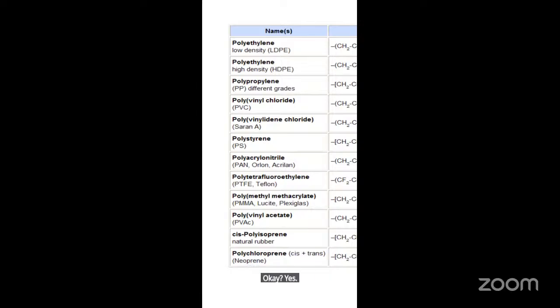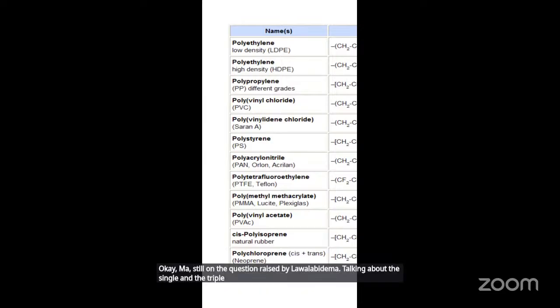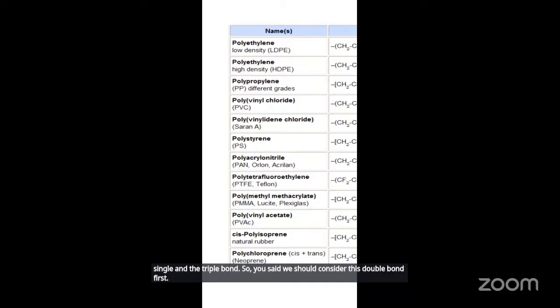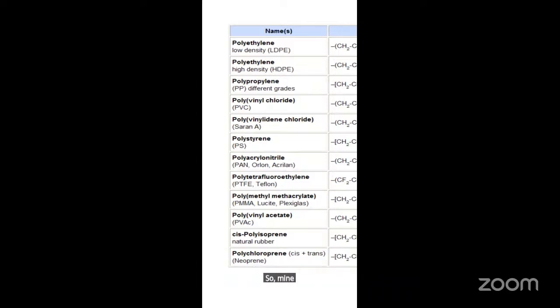Okay, ma. Still on the question raised by Lawal Abidemi, talking about the double and the triple bond. So you said we should consider the double bond first, then end up with the triple bond.